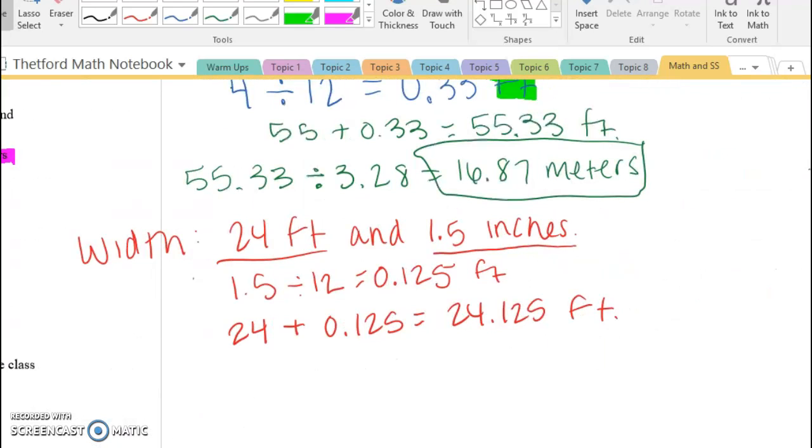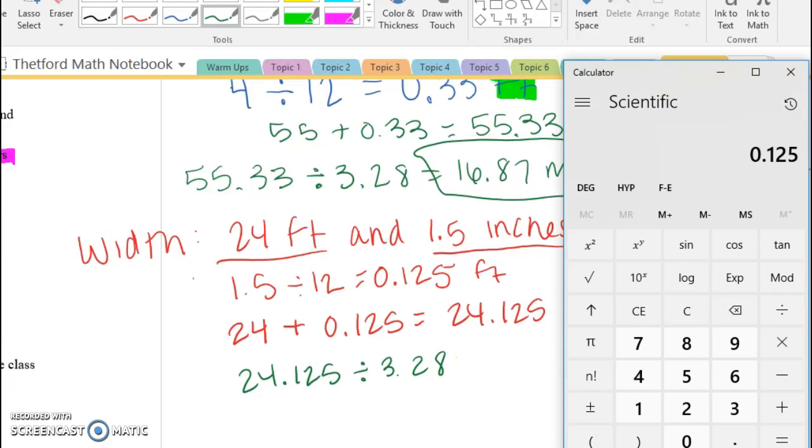So we're going to take our new number, 24.125, and divide that by however many feet are in 1 meter. And there are 3.28 feet in 1 meter. And so now, oops, forgot to add my 12, not my 12, my 24.